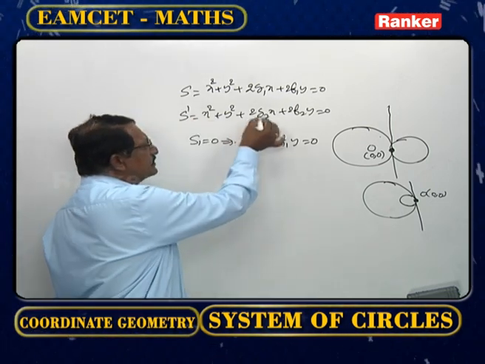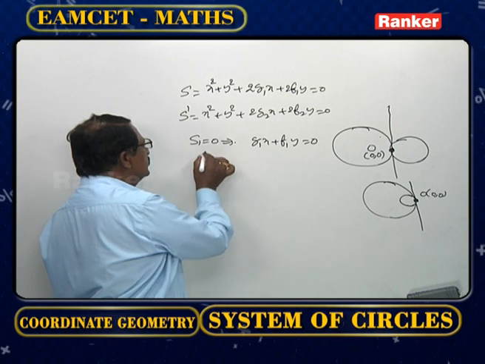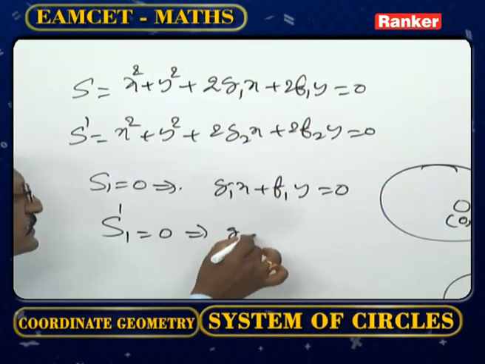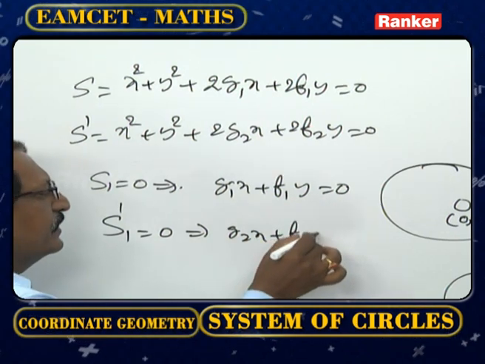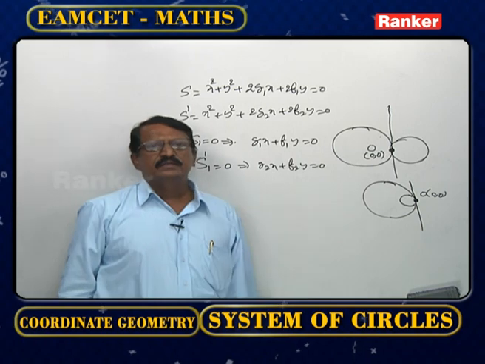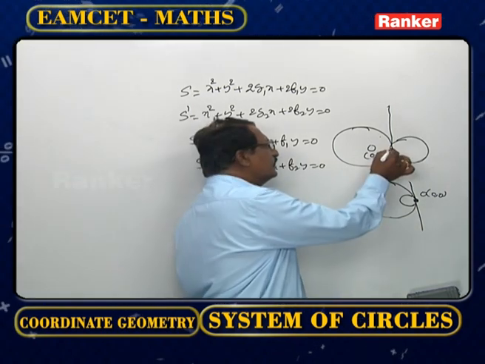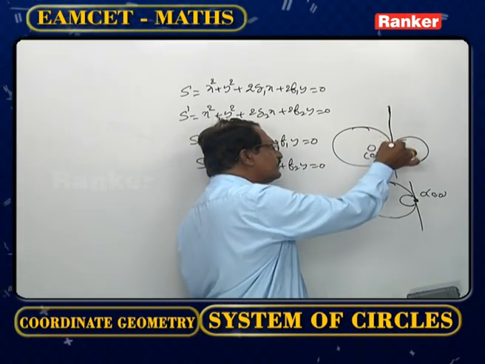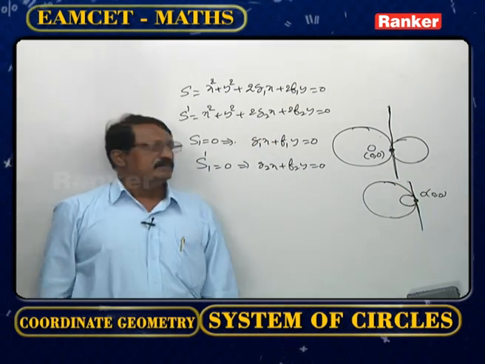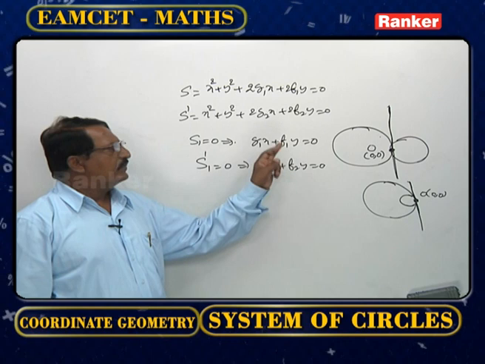Similarly, the equation of the tangent to the second circle at the origin is G2x plus F2y equals 0. At the point of contact, the tangents coincide with each other, or they represent only one line.